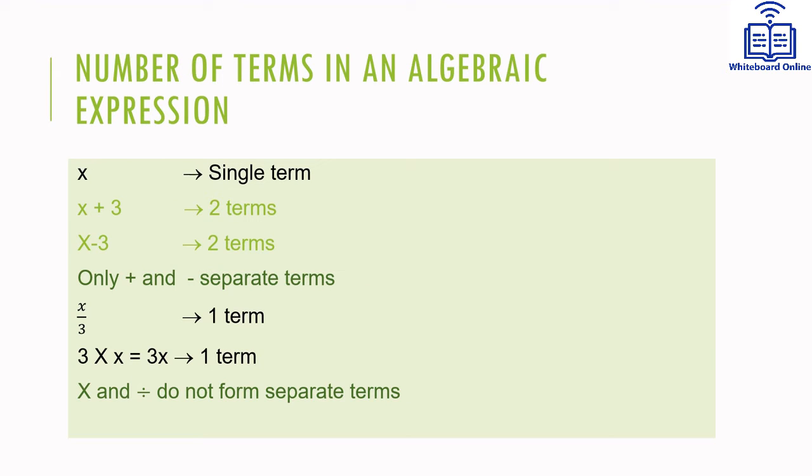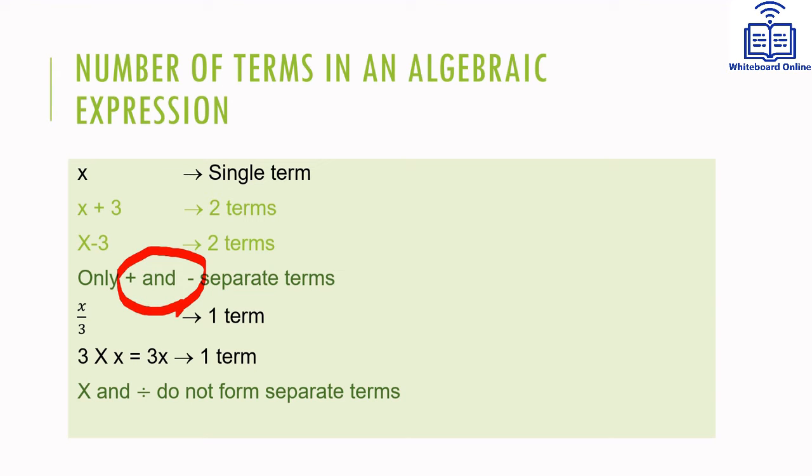Students, now we will see how we can define how many terms an algebraic expression has. An algebraic expression can have n number of terms, but how are these terms defined? These terms are separated by mathematical operations.